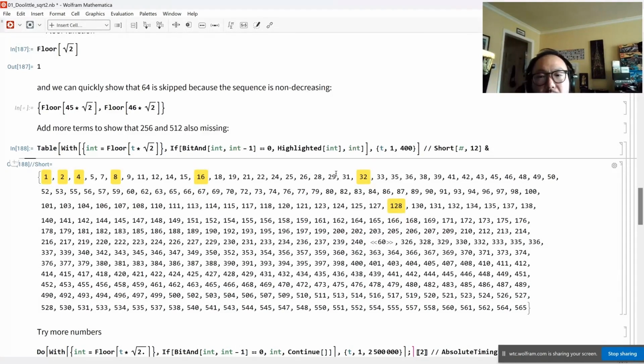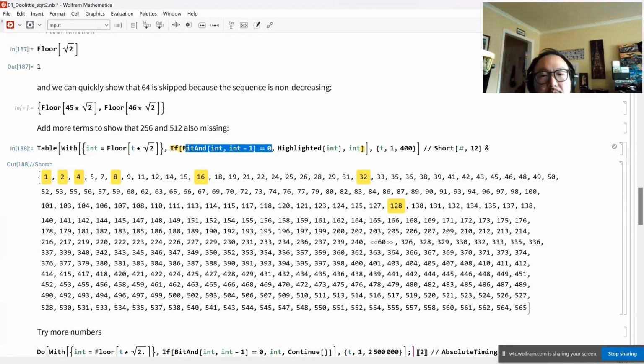But the problem with this code is that it gets really slow when the number gets really large. And by the way, I want to quickly mention a very common trick to test if a number is a power of 2. You do a bitwise AND between this number and this number minus 1.